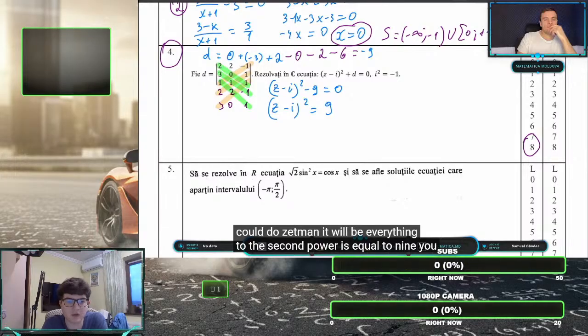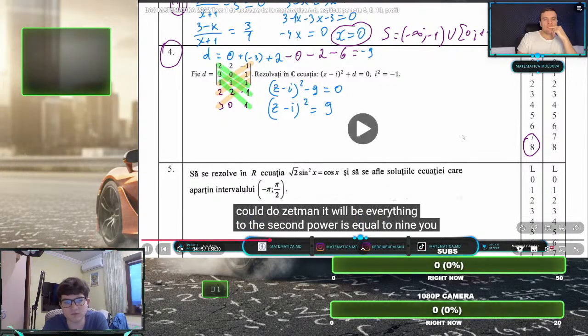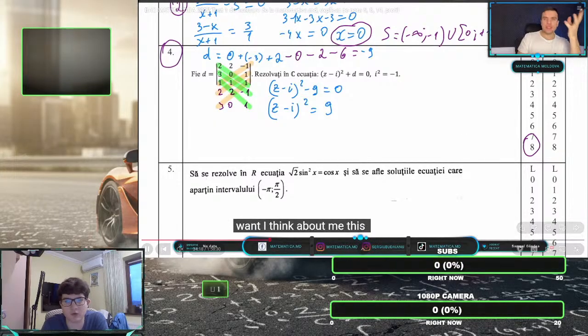So it's going to be z to the second power minus 2 times z times i. It's the formula for a minus b to the second power: a to the second power minus 2 times a times b plus b to the second power. So we'll have i to the second power, and we'll swap it with minus 1. And then we're going to be able to find z based on this, because it's equal to 9. So that's exactly what we will do.